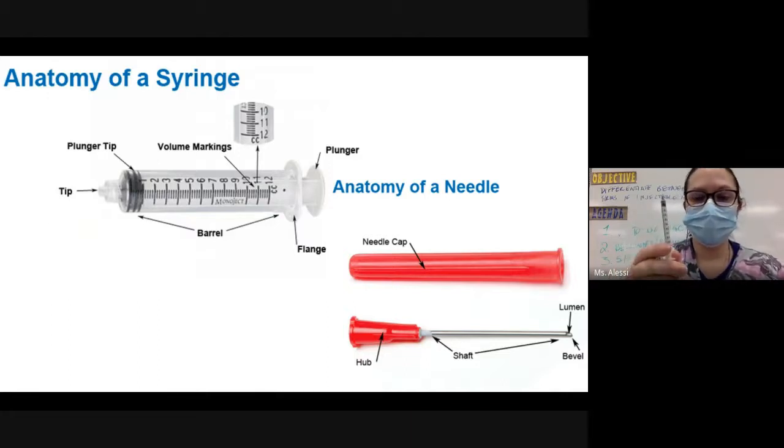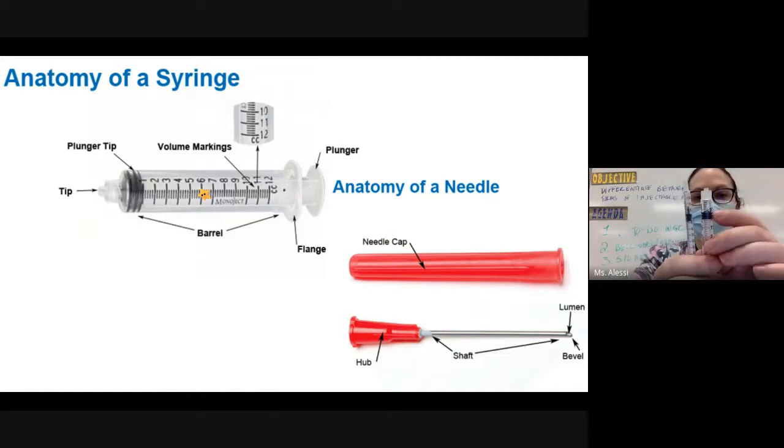With our syringes, so we have the tip. Then we've got your plunger piece, right? So the black part is the plunger tip. And this is where the important piece comes from, because at the very top of your plunger tip is where you're actually going to decide how much medication is in the syringe.